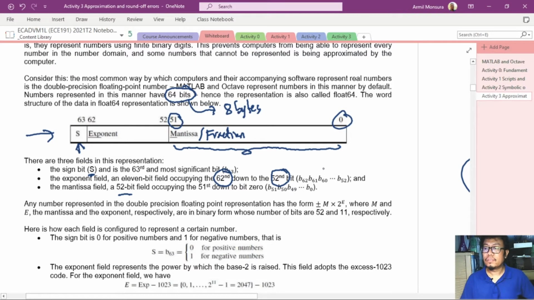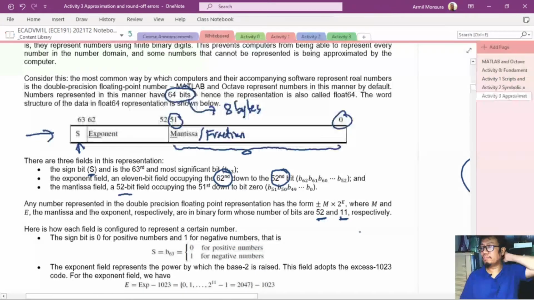Now, here's what you have to remember about floating point numbers. Any number represented in the double precision floating point representation has the form plus or minus m times 2 raised to e, where m and e, the mantissa and the exponent respectively, are in binary form, whose number of bits are 52 and 11 respectively.